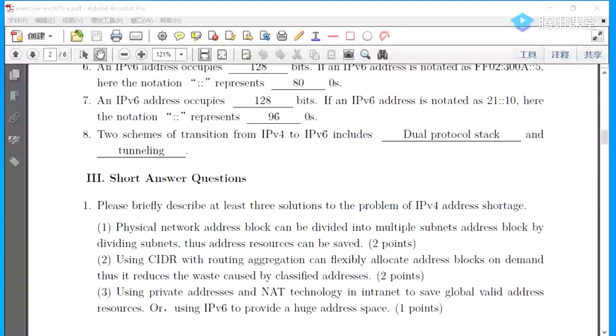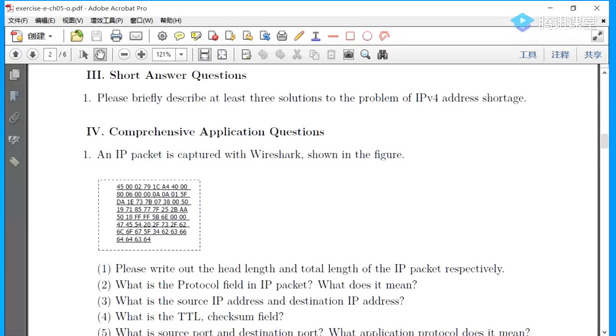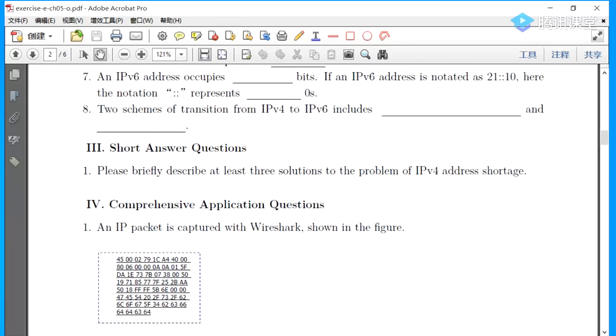Short answer questions. Please briefly describe at least 3 solutions to the problem of IPv4 address shortage. At least 3 solutions.